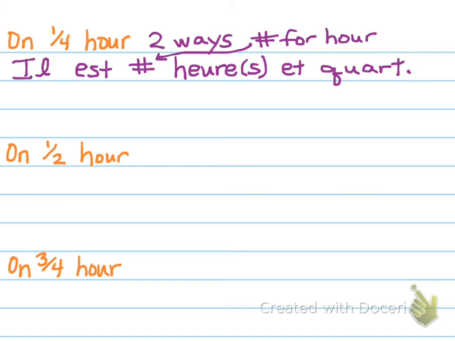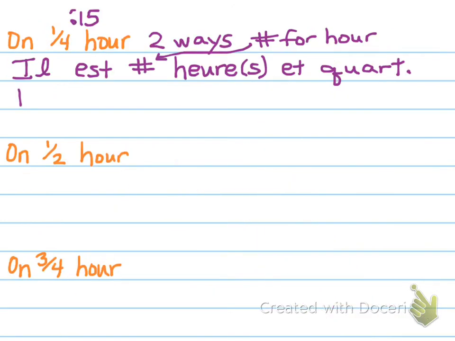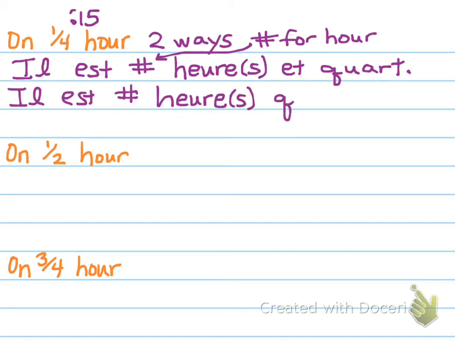However, because quarter hour means it's 15, you also can still tell the time with the specific number of minutes. So you also could write these times as il est, my number, 15. And again, this is still the number for the hour. So if it was 2:15, there are two different ways I could say that: il est 2h et quart, or il est 2h15.